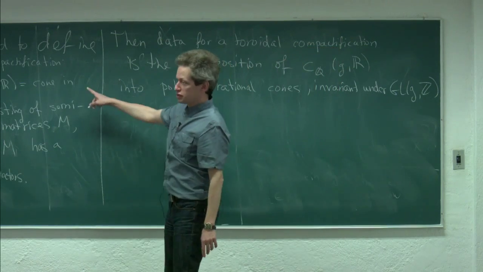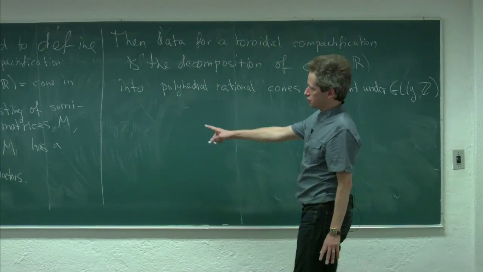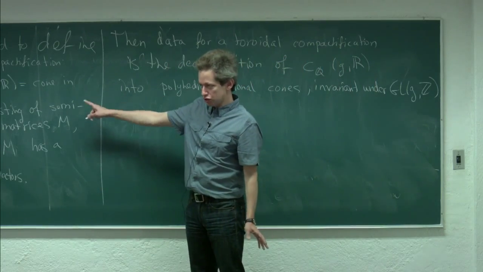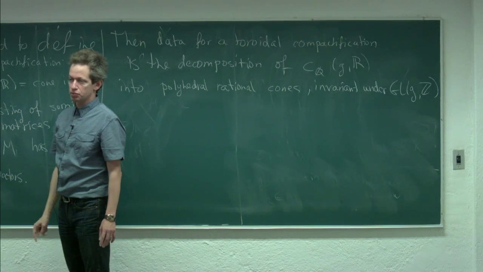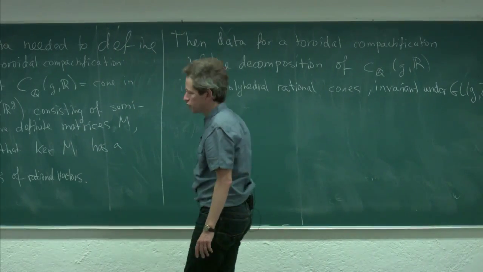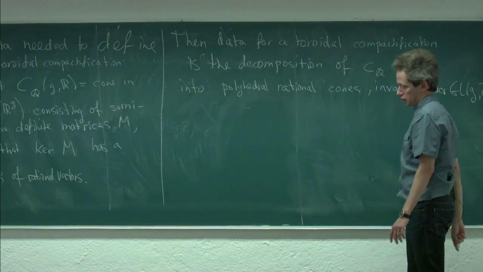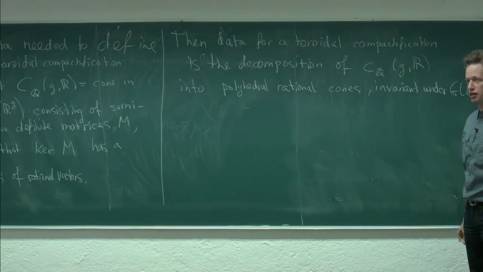This cone is a cone in the sense that if I take any element in here and multiply it by a positive rational number, it stays in here. The kernel didn't change. So you have a bunch of vectors and you take r greater than or equal to 0 of them.